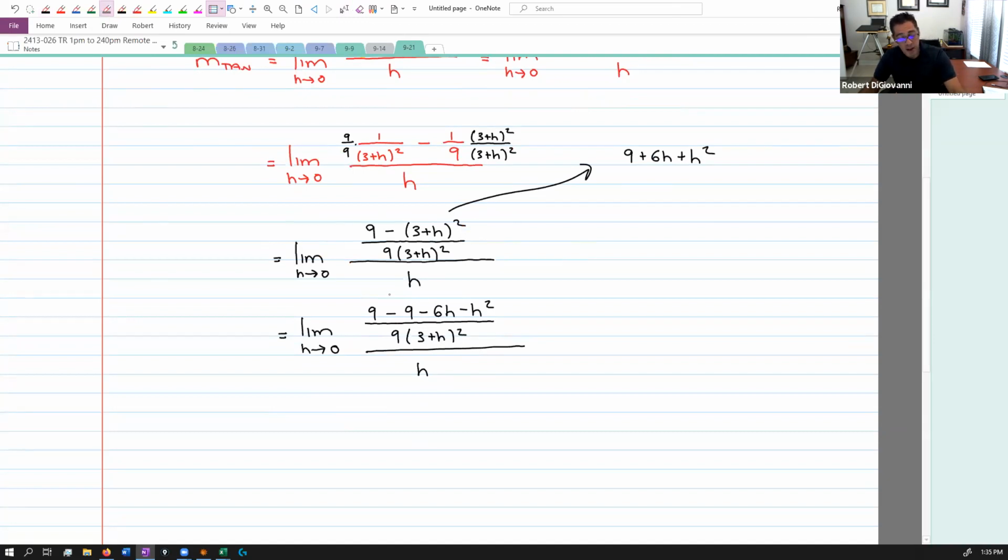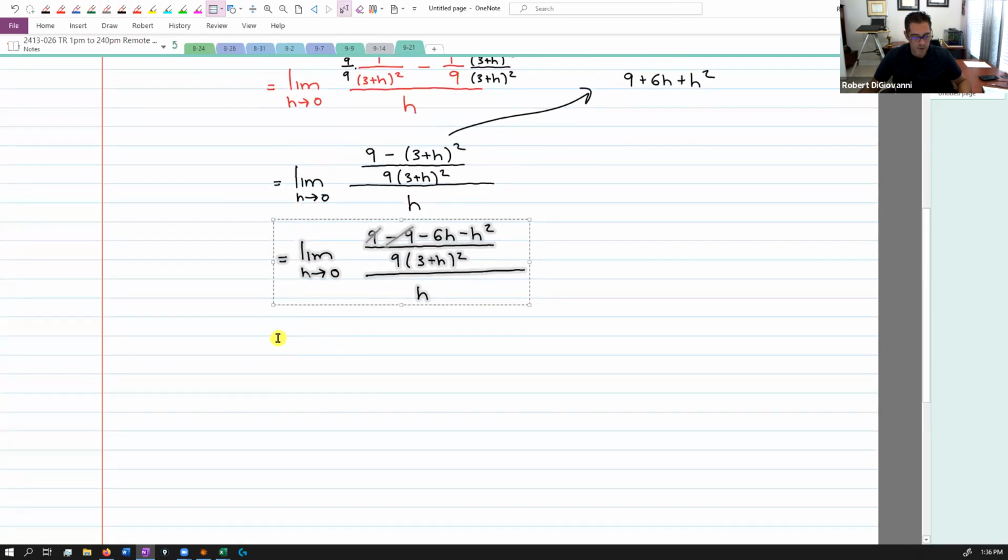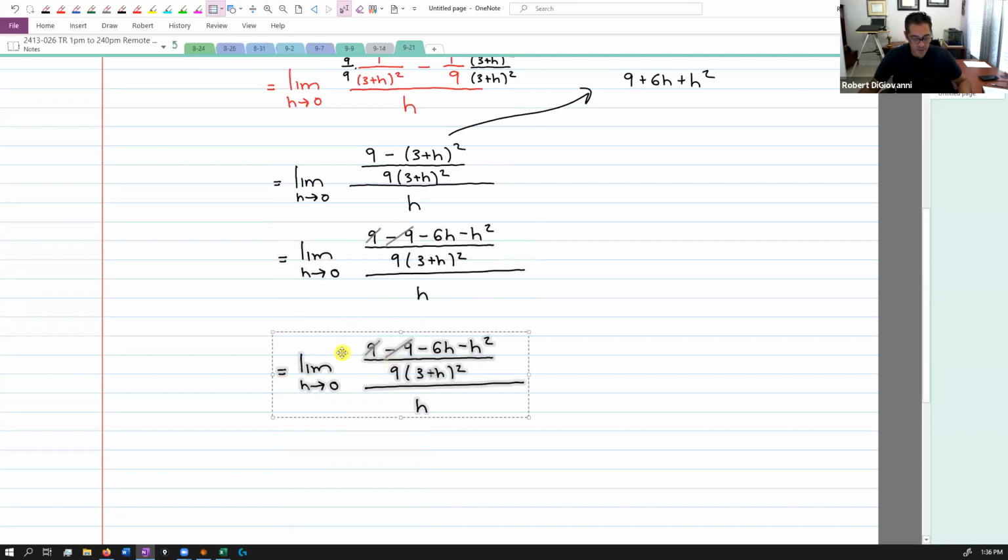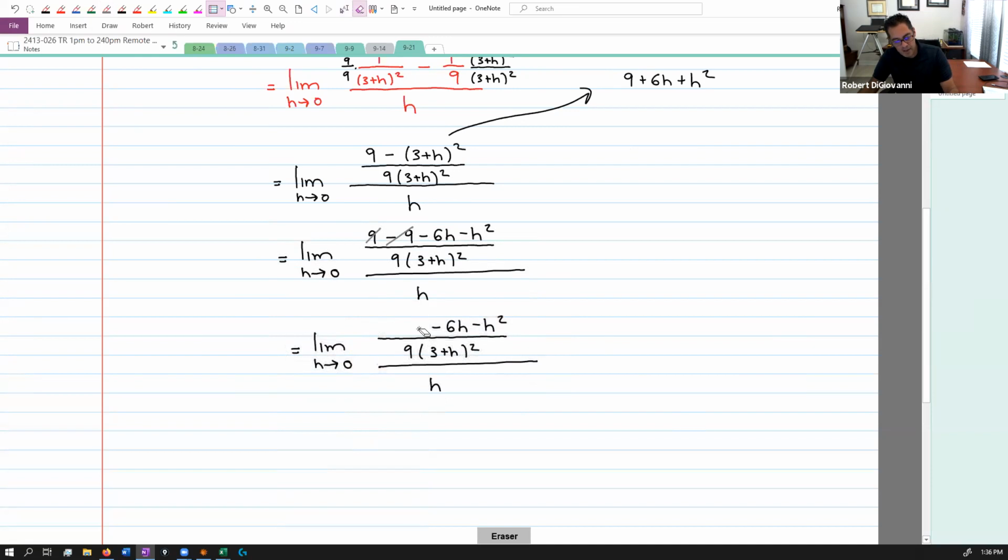All right, the 9s do indeed go away. So my next line, I get to copy paste. My next line now has those 9s gone, right? Which means now I can factor an h out of the top, right?